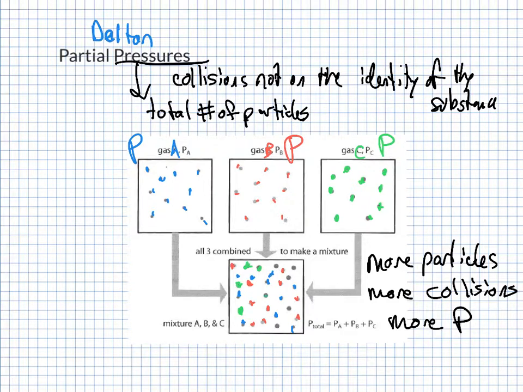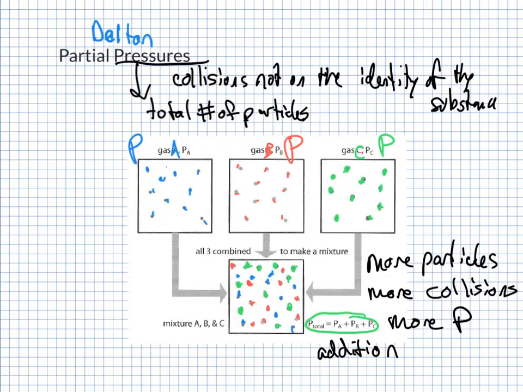So now you have more particles than you had before, and all you have to do is simply add up the individual pressures to get an overall pressure. This is really nice because it's one of the few places where we get to just look at addition. And if there's addition, however, that also means there can be subtraction, because if you have the total pressure and you need one of the individual pressures, you just have to subtract everything else.